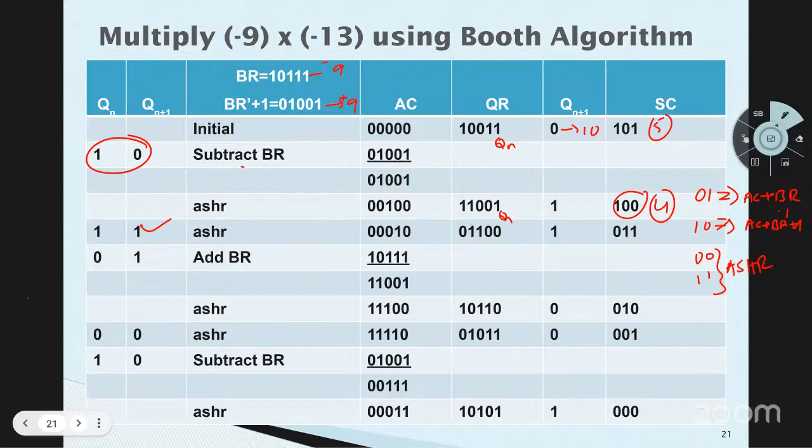Okay, then again you can check this QN, 0 1, so again you can perform add BR. అంటే ఇక్కడ 1 0 1 1, then again after adding perform the shift right operation.